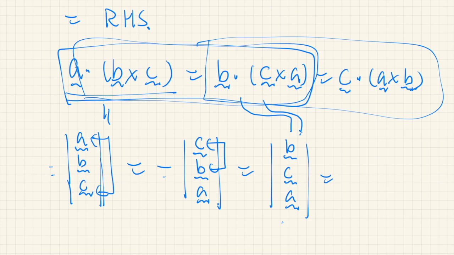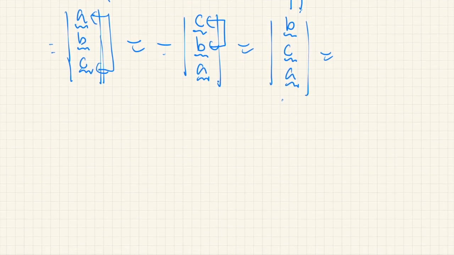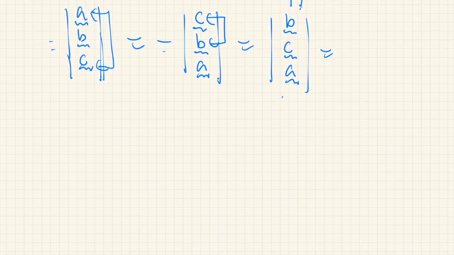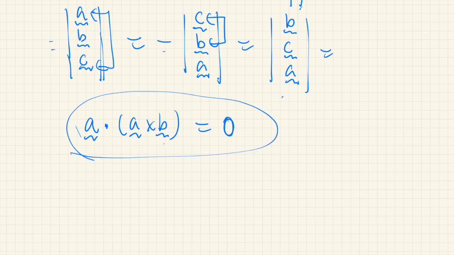And yet another easily derived corollary of this theorem is that the dot product between A and A cross B, whatever B is, is equal to 0. It's not a vector, it's a scalar, so it's the real number 0. You should prove this. It's actually easy if you use the properties of determinants like this.